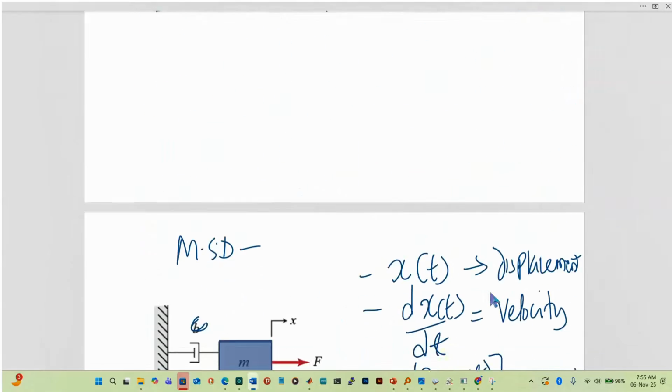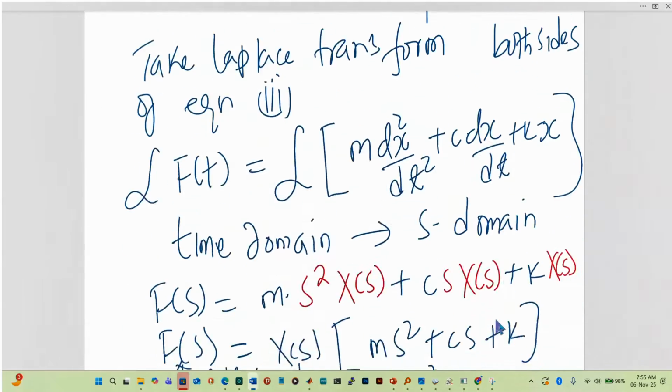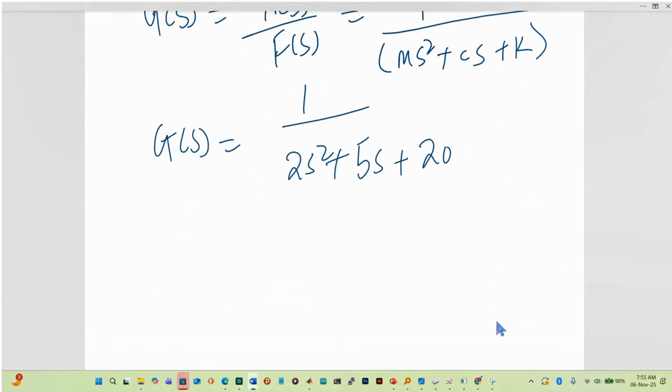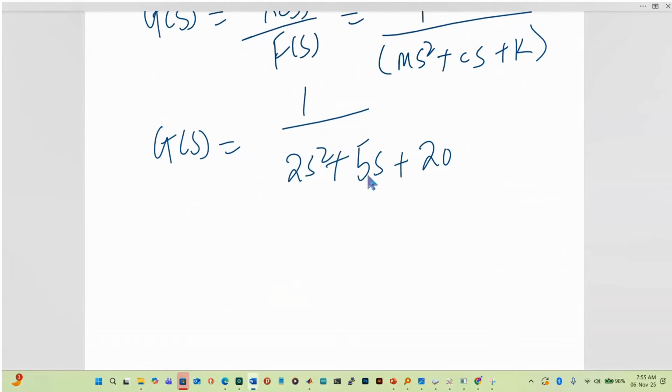So we substitute and get the transfer function. This is basically what we need to code with the step input, as we were told.